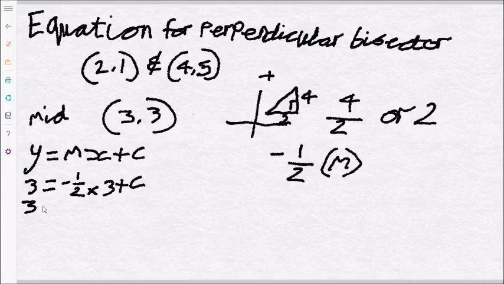So we'll write this out again. We've got 3 equals 3 times minus a half is minus 1.5, plus c.